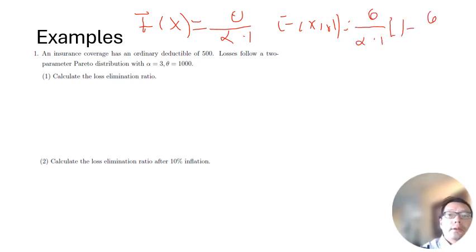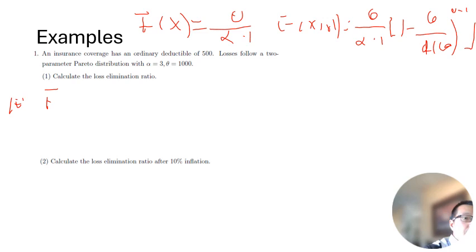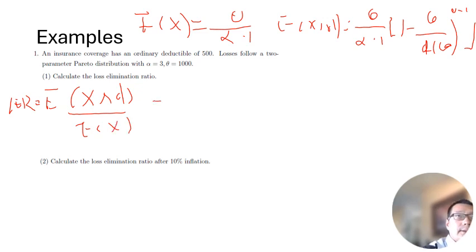As long as you know this formula, this question is very easy to answer. So let's get the LER calculated. LER is equal to E[X ∧ d] over E[X]. This is the formula we had in previous slides.